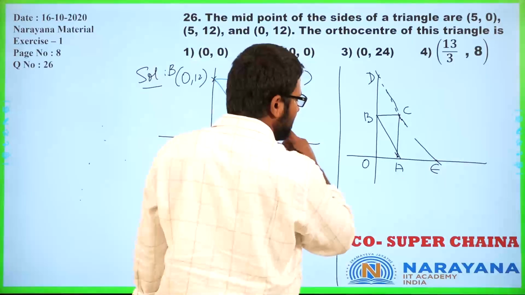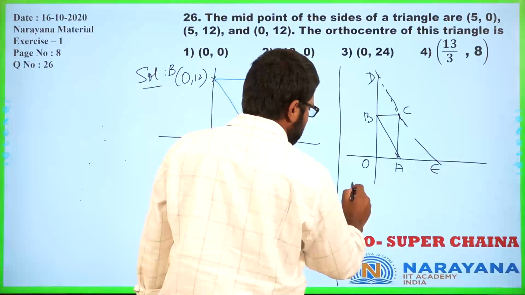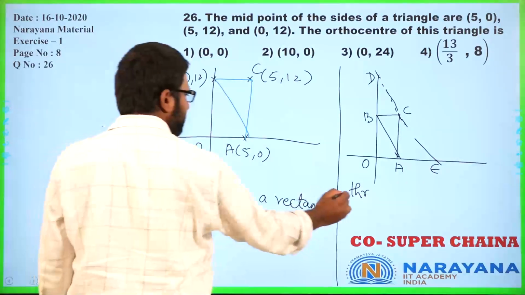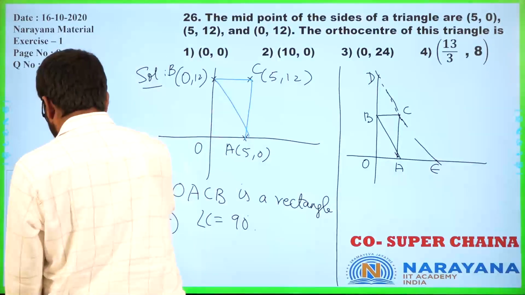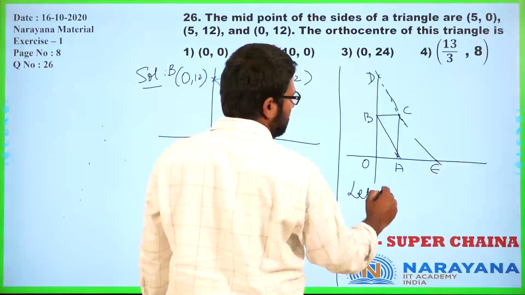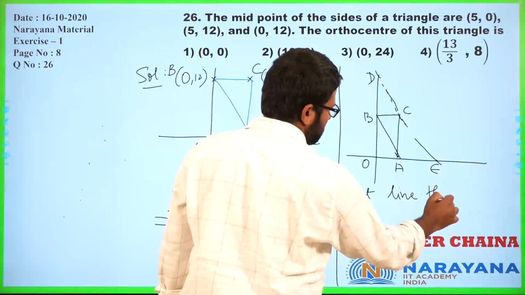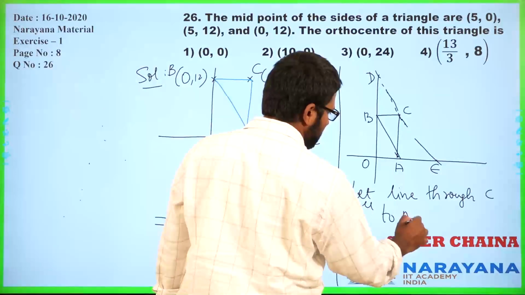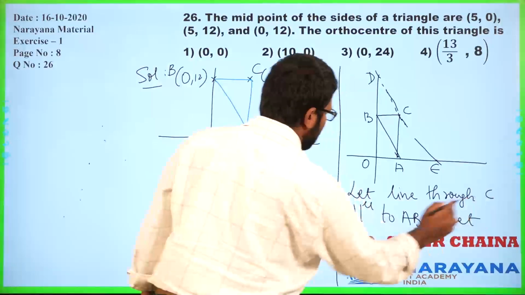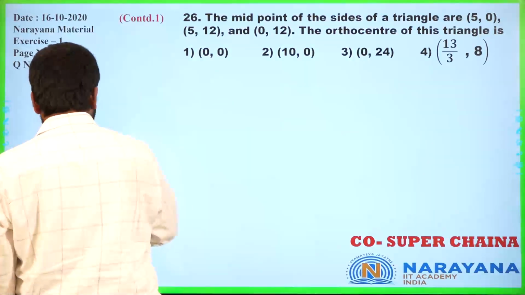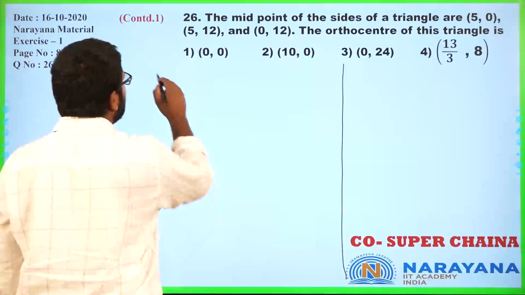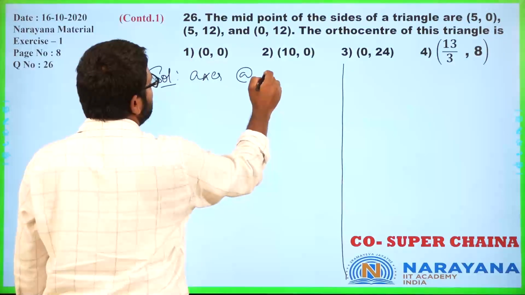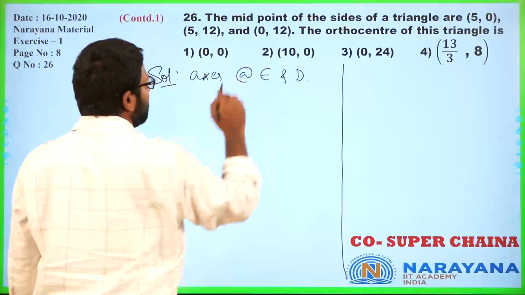Okay, so let the line through C parallel to AB meet the axis at E and D, right?